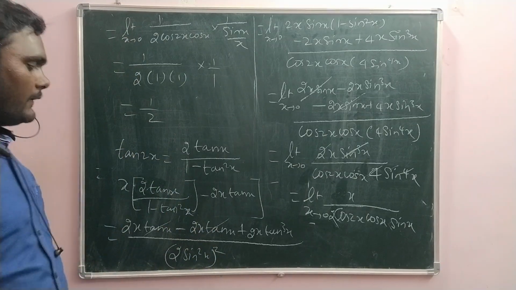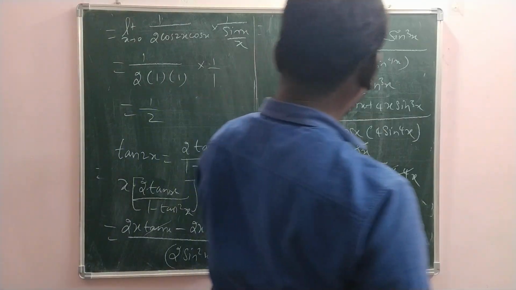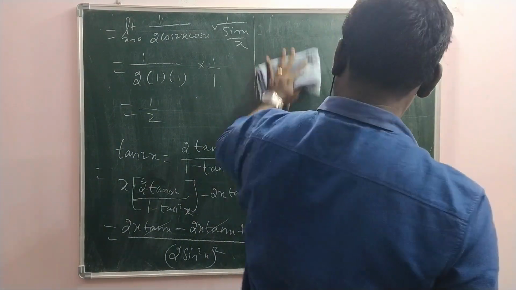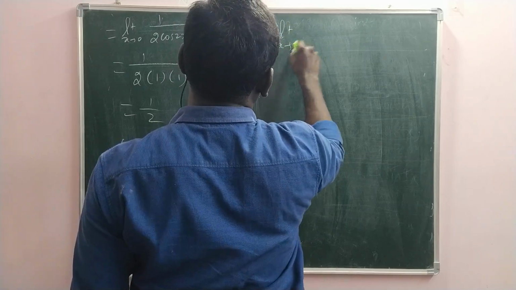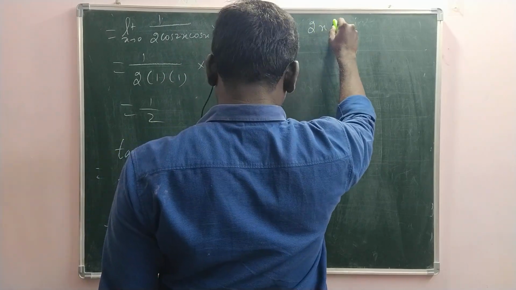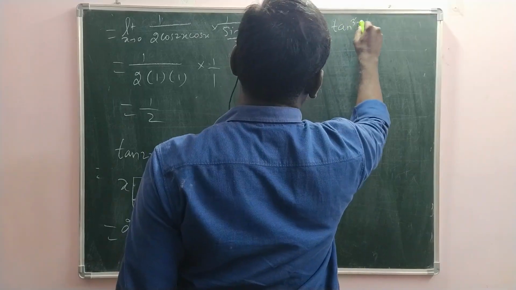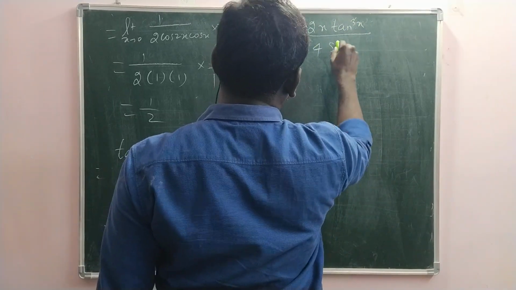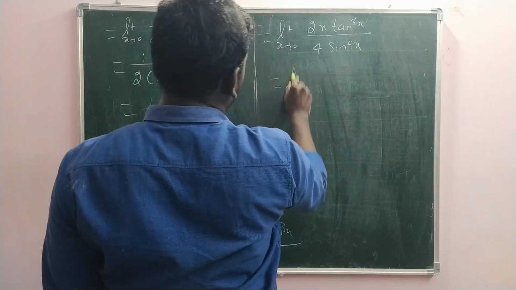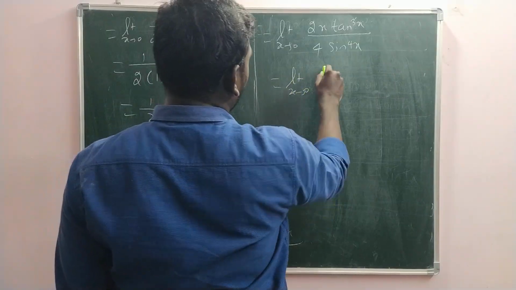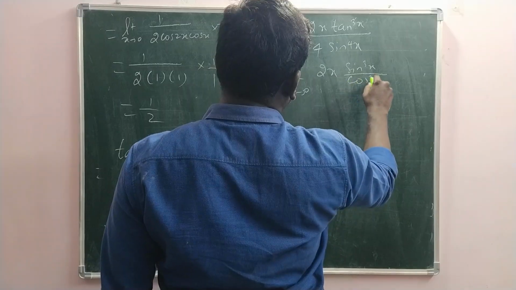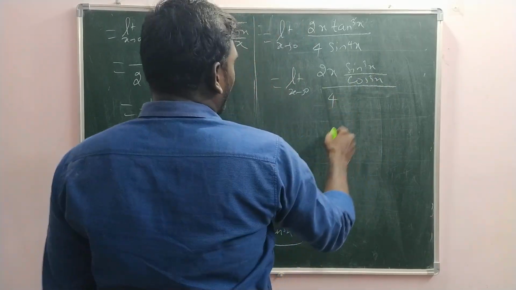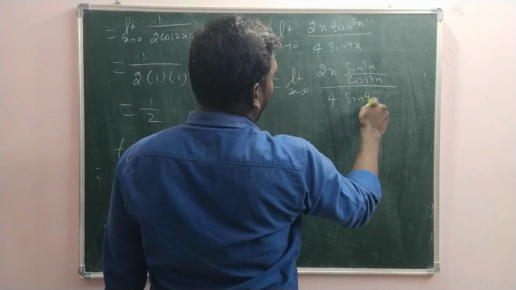2x tan x cancelled, then we'll get limit x tends to 0, 2x tan cube x by 4 sin power 4x, then limit x tends to 0, 2x into this is sin cube x by cos cube x by 4 sin power 4x.